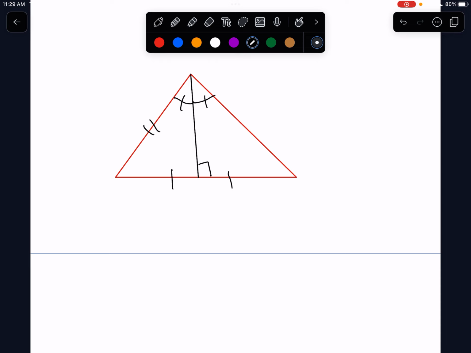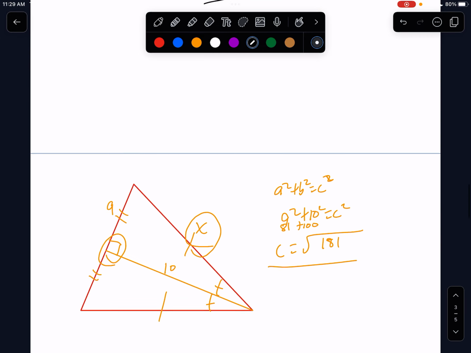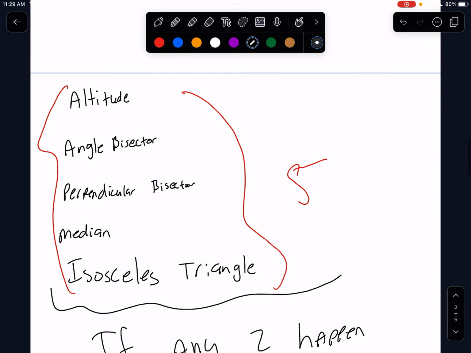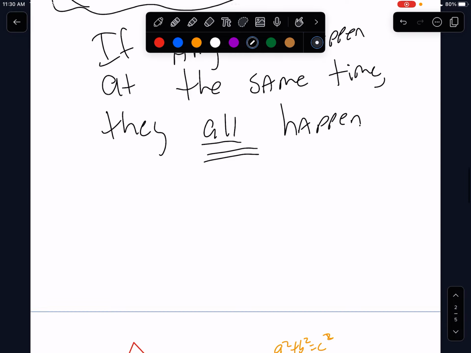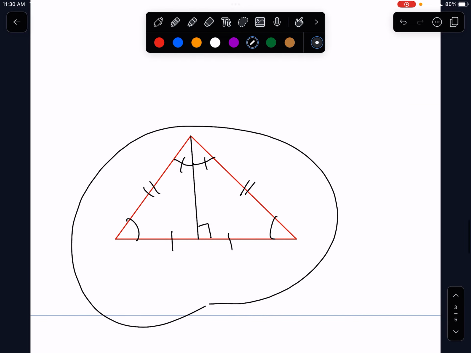And you know it's isosceles. Well, that means these angles are equal. Look at all we know. So we started with a median and an altitude, and now we know all of this. And if you don't make these connections, you're going to get really stuck. So I could keep going and going, but the bottom line is if 2 of these things occur, you know you have them all.